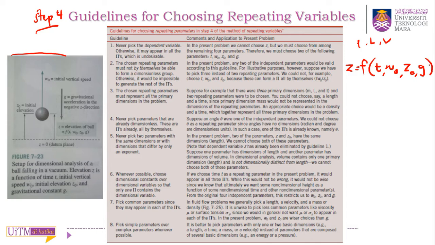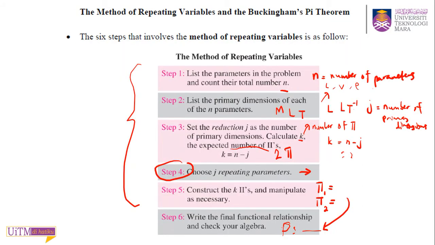So this is your first step, which I mentioned here: list the parameters in the problem and count their total number n.